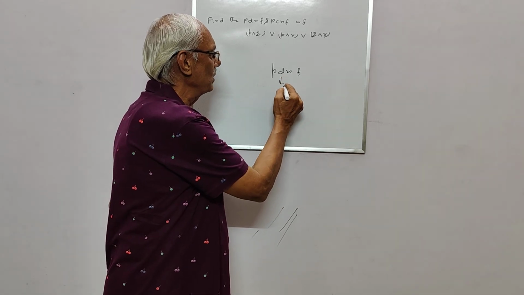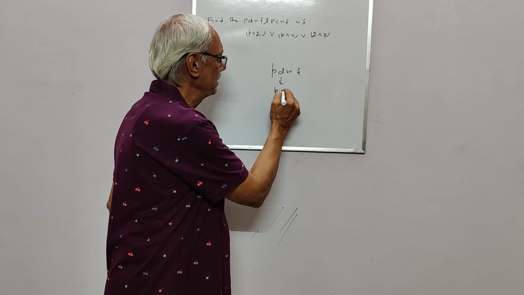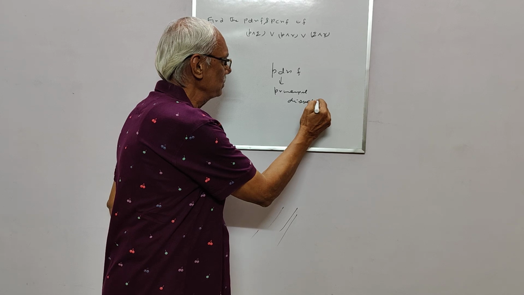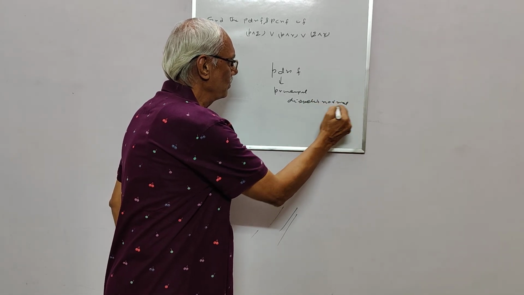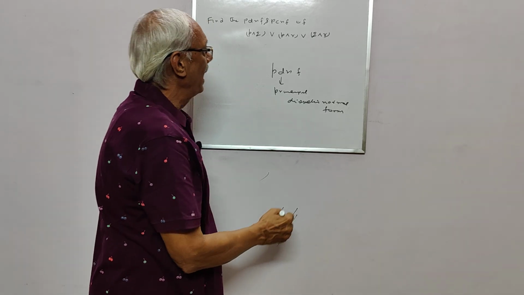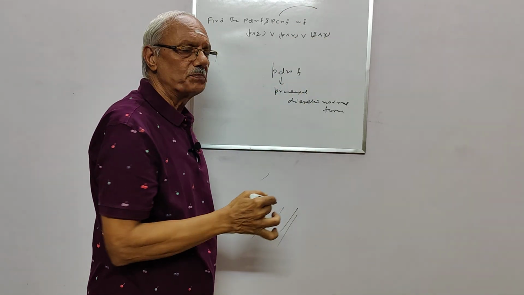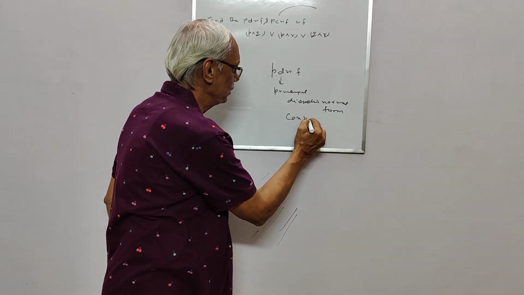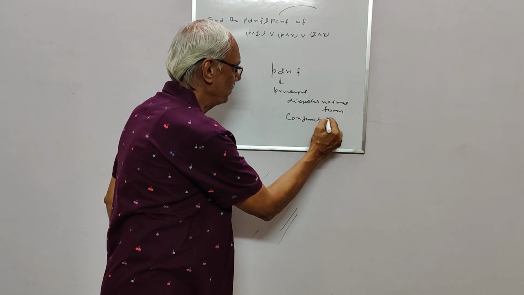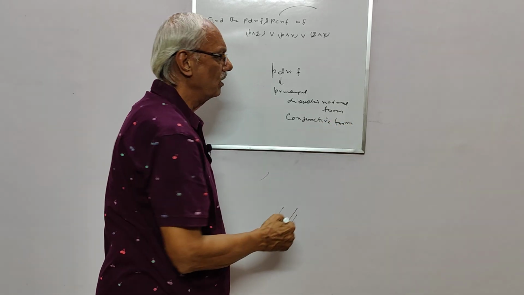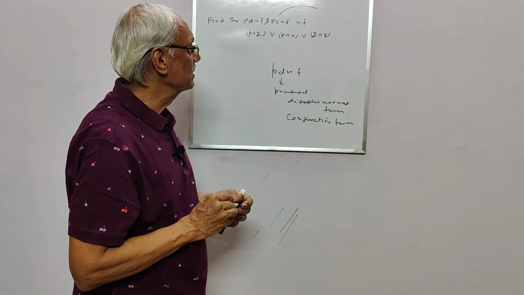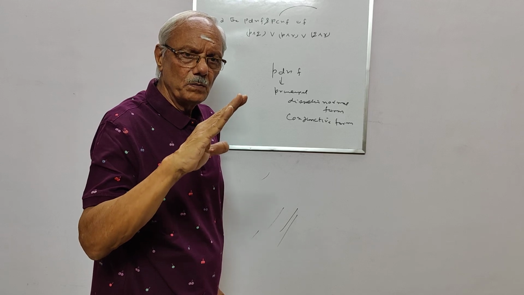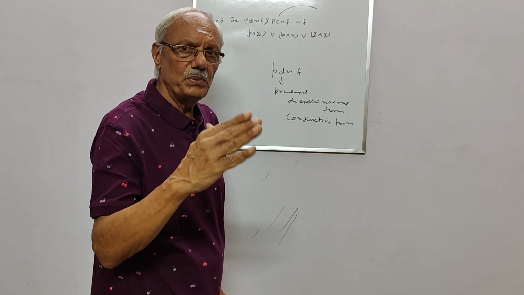PDNF is called the principal disjunctive normal form, and PCNF means principal conjunctive normal form. Now I am going to express the given expression in PDNF and also in PCNF.